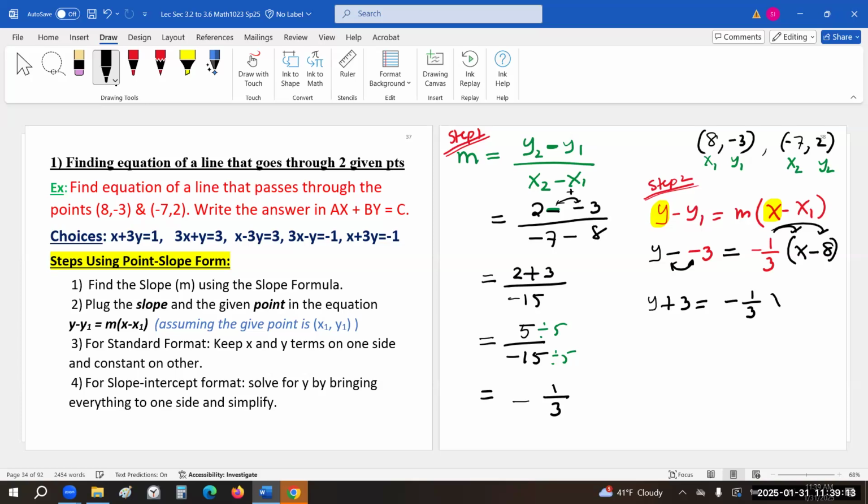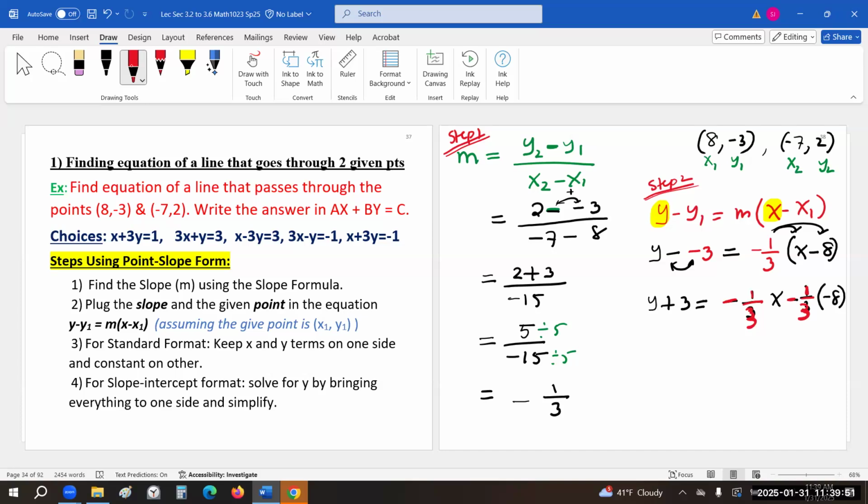We have -1/3 x minus, and then we have -1/3 times -8. -1/3 times x, so -1/3 x, and then -1/3 times the -8. Let me actually keep my red so that you can see it's substituted. So we are happy here.